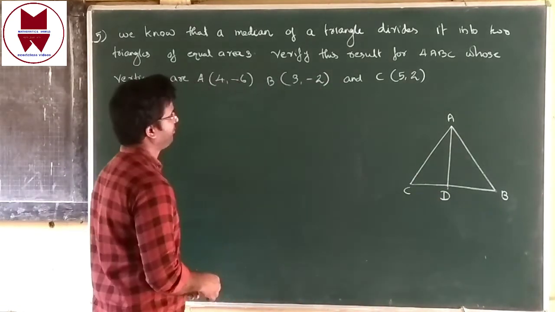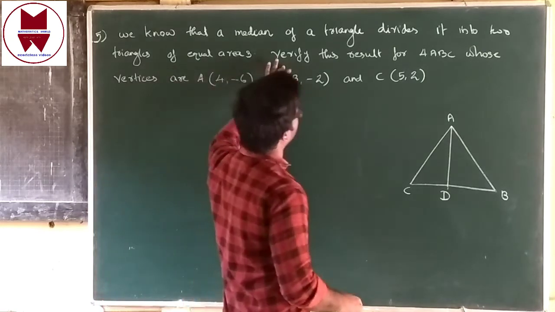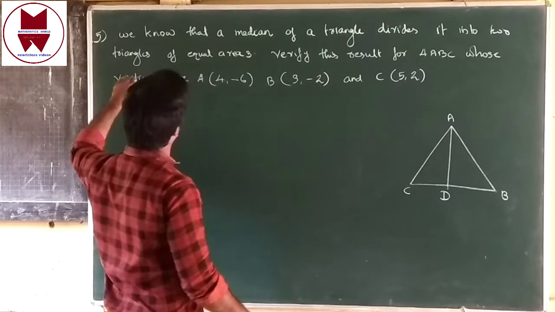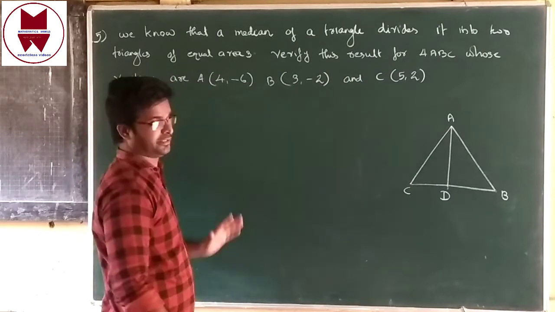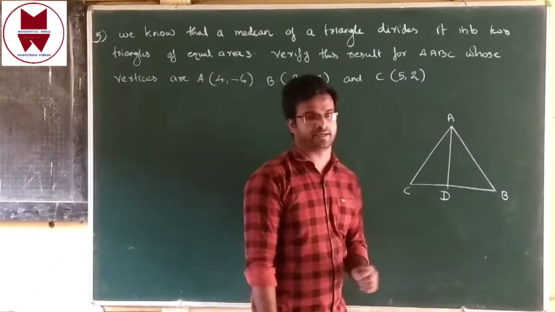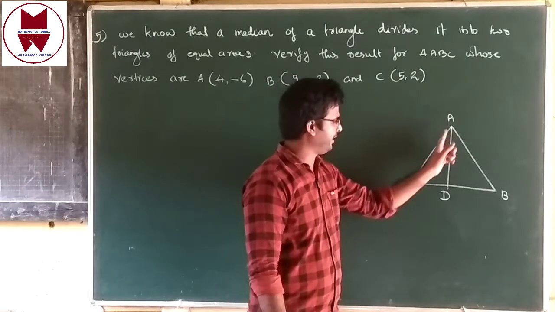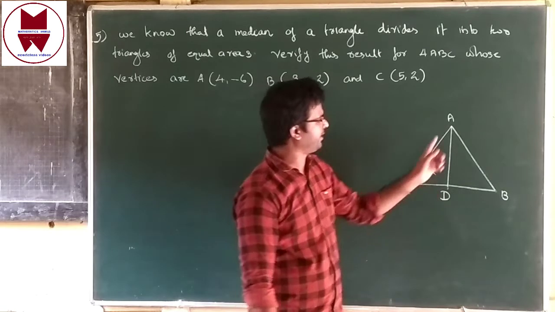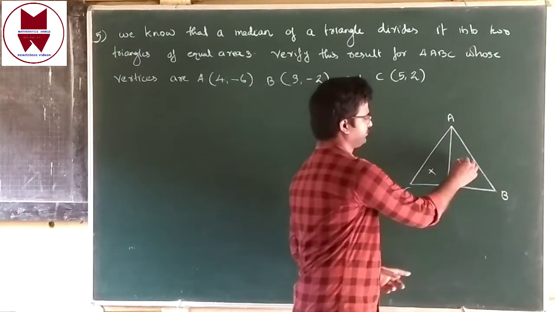Then we have to prove that the median of a triangle divides it into 2 triangles of equal area. You can see in here 2 triangles. First triangle is ADC, this triangle. Then second triangle ABD, this triangle.